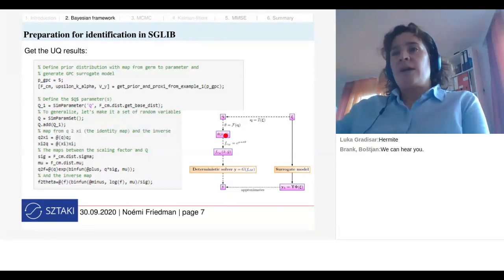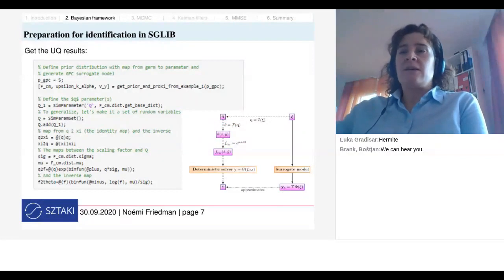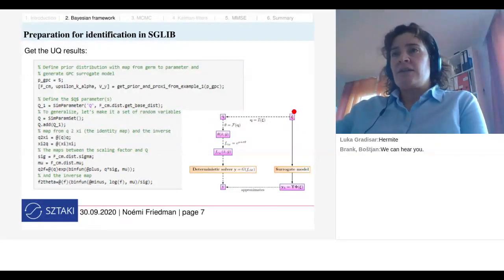I will need these maps that are described here, this F map and this exponential map, to get from Q all the way until Y. And instead of doing this, I will change it to the surrogate model that I made in the last example. And I have something that's taking me from Xi all the way to the observable.